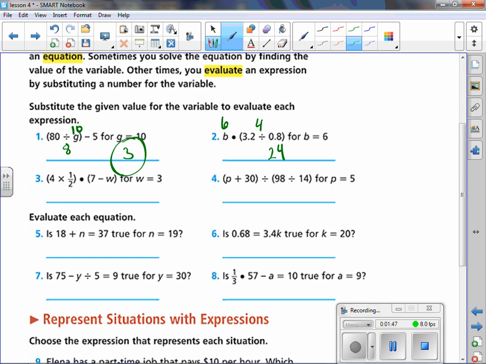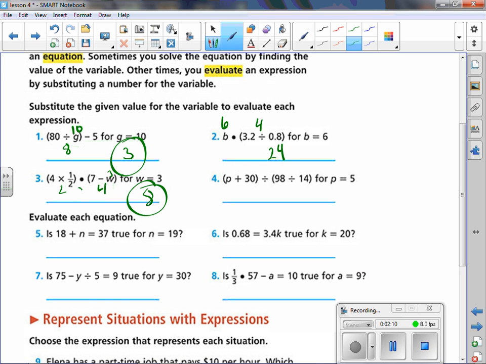So this equation equals 24. 4 times 1/2 plus 7 minus W, we're going to put 3 in here. 7 minus 3 is 4. 4 times 1/2 is 2. Half of 4 is 2. 2 times 4 is 8.